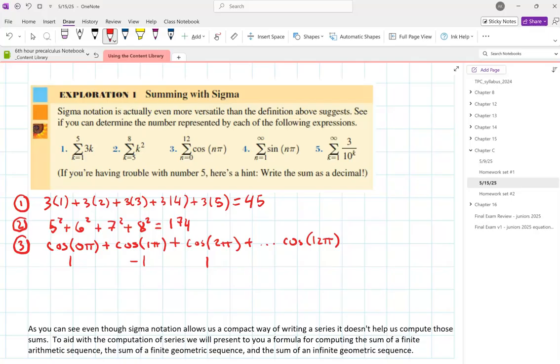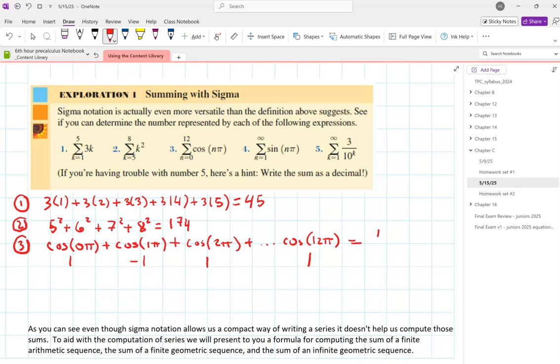So 0 and 1, 0. 2 and 3, 0. 4 and 5, 0. 6 and 7, 0. 8 and 9, 0. 10 and 11, 0. Nope, I miscounted somewhere. We should be ending on an odd one, right? 0 and 1, 2 and 3, 4 and 5, 6 and 7, 8 and 9, 10 and 11, and then that leaves cosine of 12 pi with no partner.